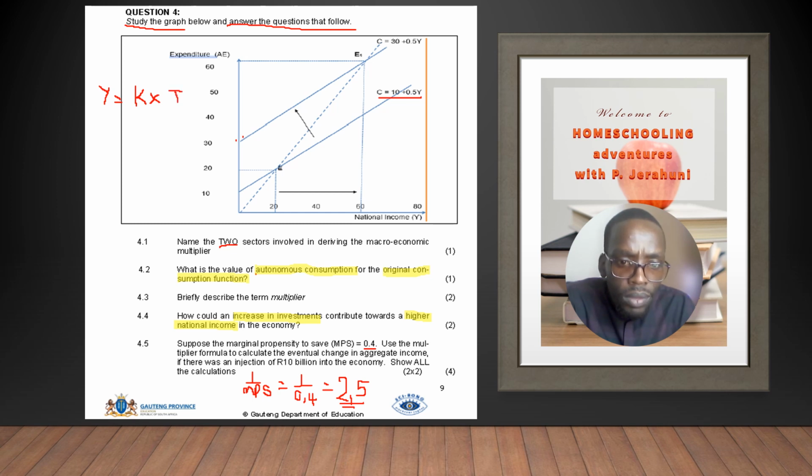The multiplier times our injection, which in this case is going to be, my multiplier is 2.5, and I'm going to multiply that by my injection of 10.